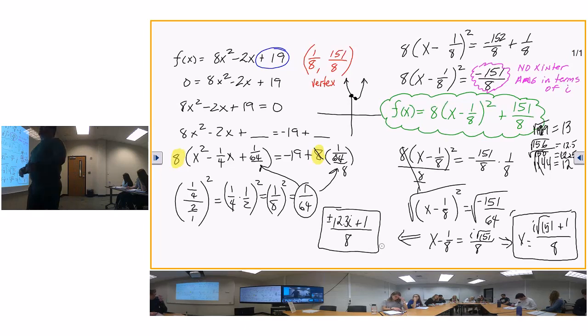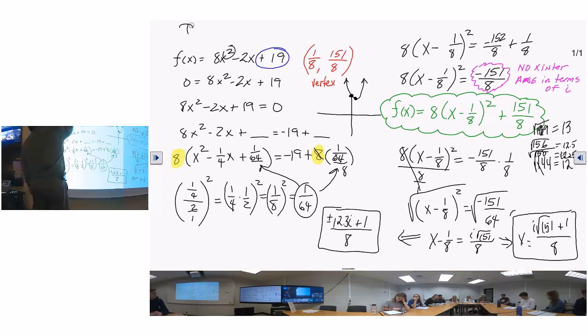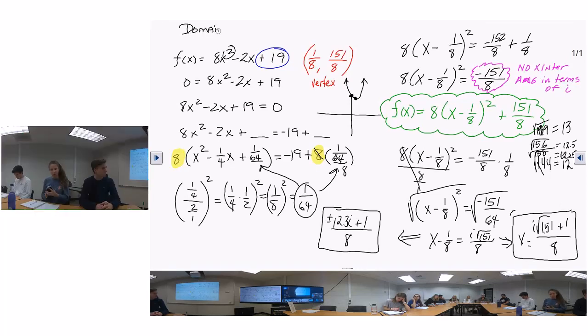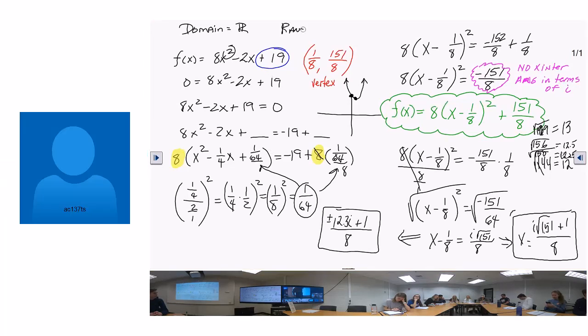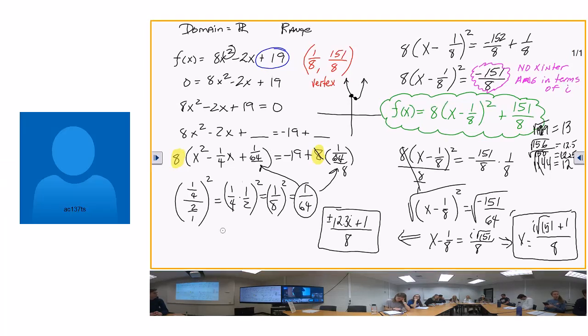We know the domain because of the square. Since it's a square, what's the domain? All real numbers. The range is going to be from your vertex y, 151 over 8, to infinity.